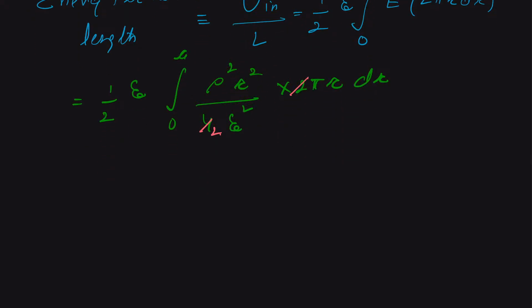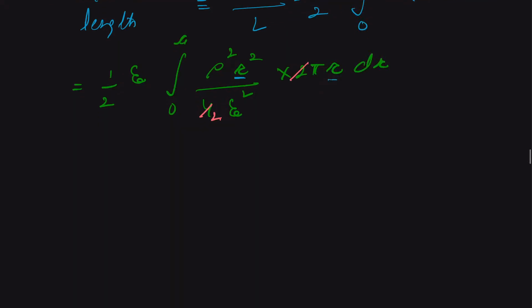So inside, we are going to get R cube, and R cube will give us R4. This 2 and 2 will be equal to 1 by 4, so that will be equal to 1 by 16.